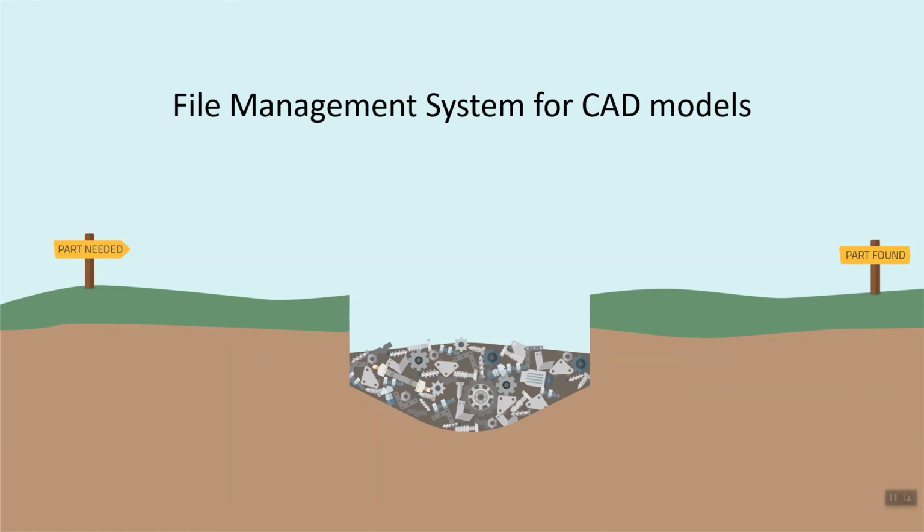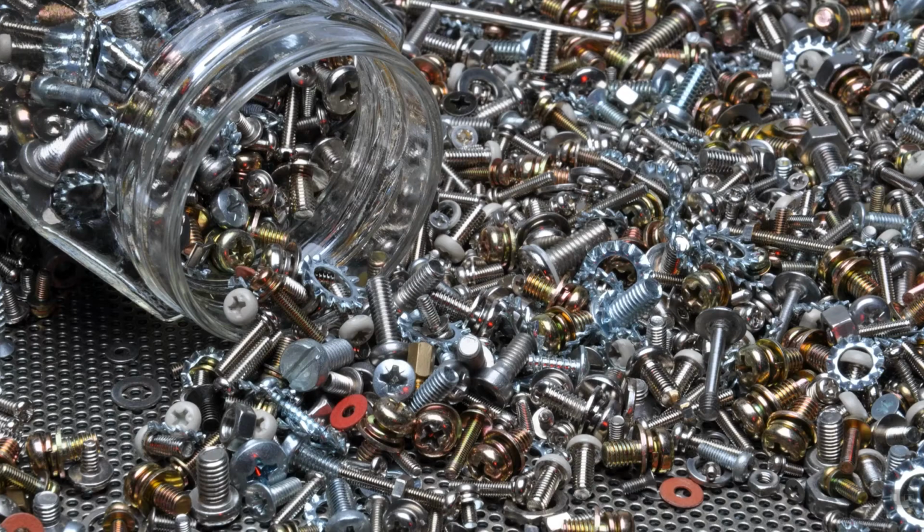So this pit of parts represents a file management system for CAD models. So product data management system or a product lifecycle management system, whatever way your company manages CAD, this pit of parts represents that file management system. So think of that file management system like the jar of bolts that I have in my garage.